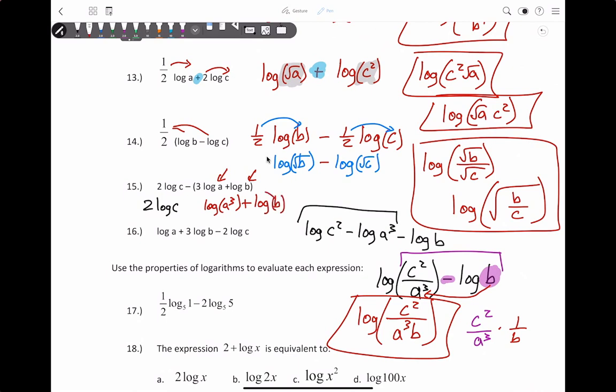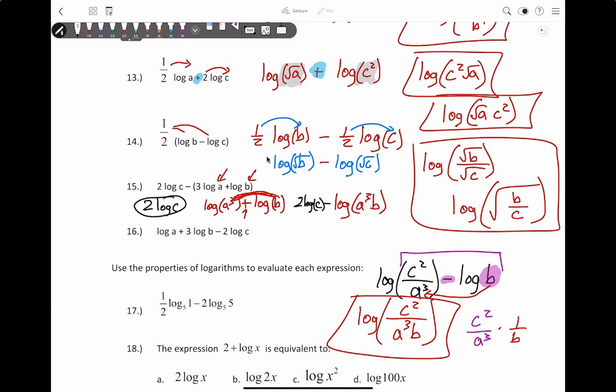And if I combine a cubed and b together with multiplication, then I would have, let me show you over here on the side, I would have a cubed times b, because it was addition here, and it was subtracted from this 2 log of c. So 2 log of c minus that.